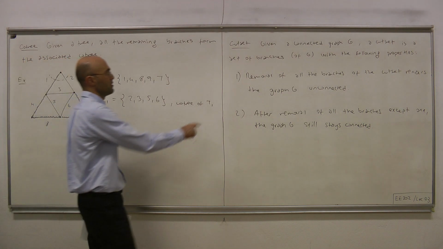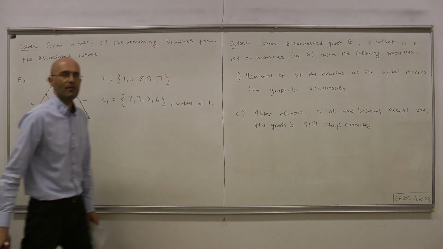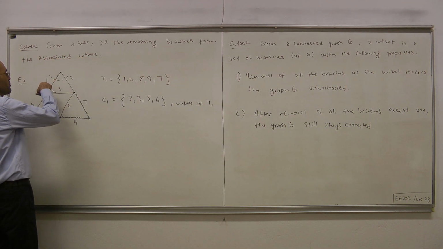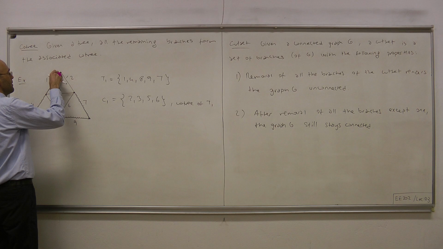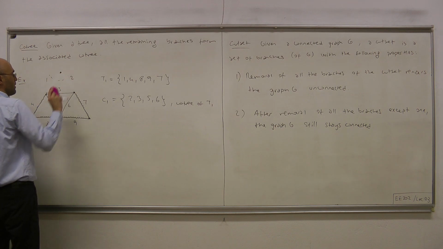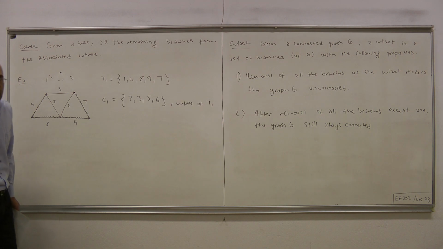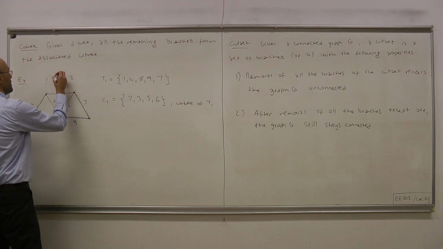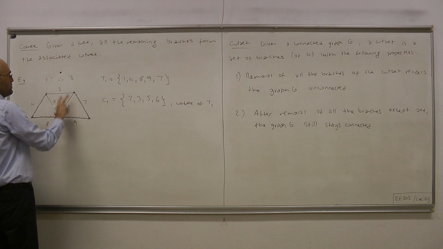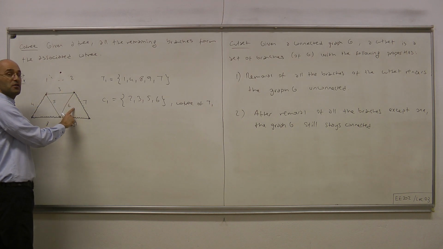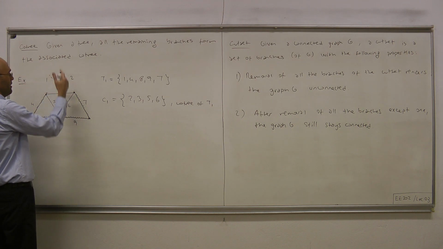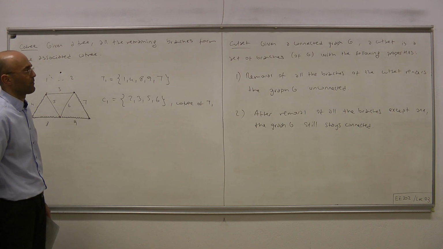Because if you remove all the branches of the cutset, if you remove 1 and 2, then the graph becomes unconnected. Here we have a node and here we have the other piece. So from this node to the other piece, you cannot go by a path. Therefore, the graph is unconnected.